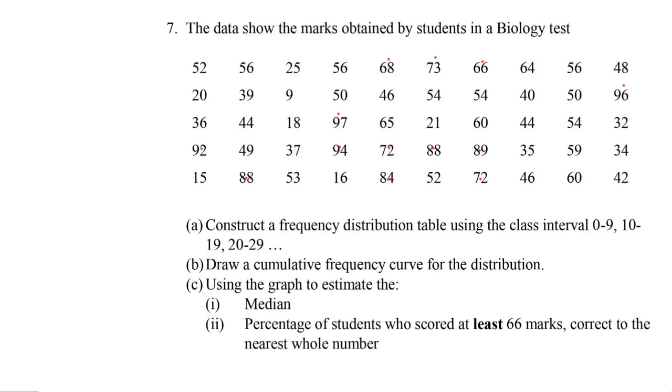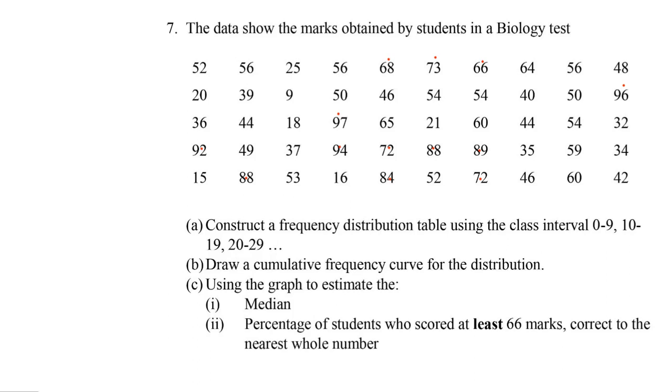All right. Question 7CII says we are to find the percentage of students who scored at least 66 marks, right? So we're going to check the data we have here. How many students have at least 66? That means 66 should be the least, right?